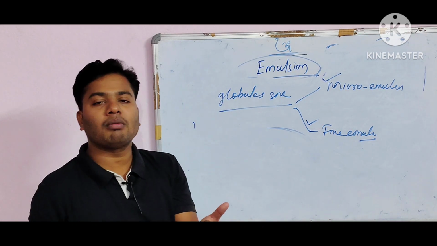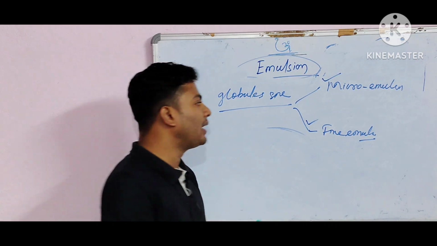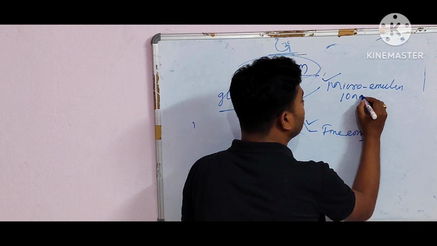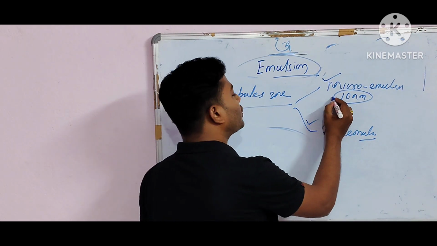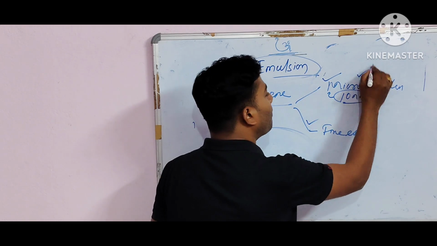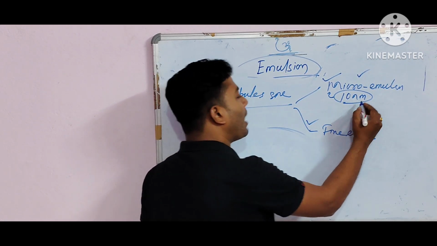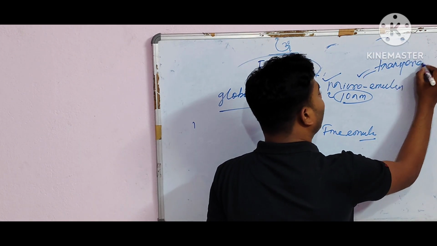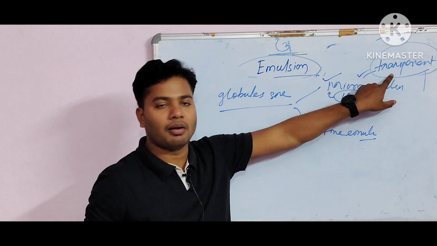So which one is the microemulsion? According to the globule size, those having a globule size of 10 nanometer, such type of emulsion comes under microemulsion. Okay, and such type of emulsion is transparent.